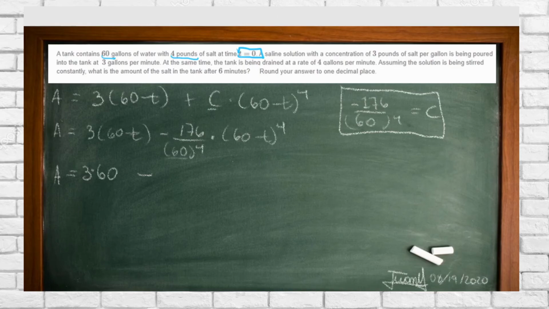Since this is divided and this is multiplied, we can cancel that out, so we're going to be having 176. So yes, when t is equal to 0, it's going to be 180 minus 176, or equal to 4. So the first conditions are met. So let's now get the amount of salt after 6 minutes, which is our question.